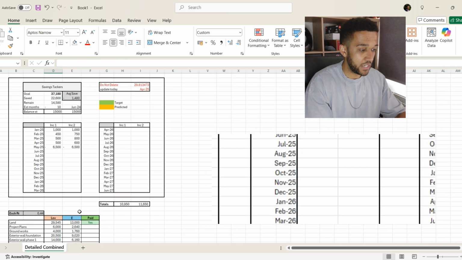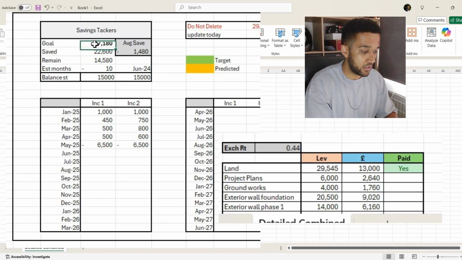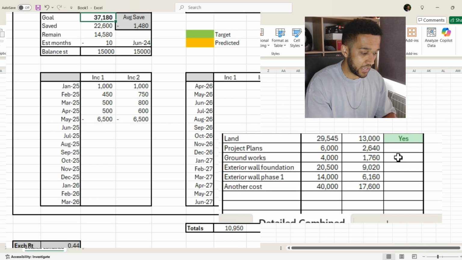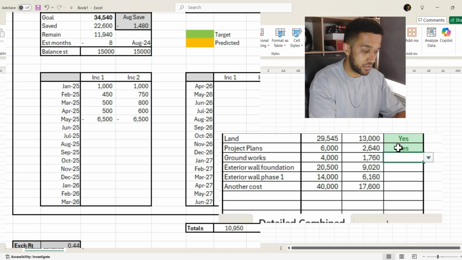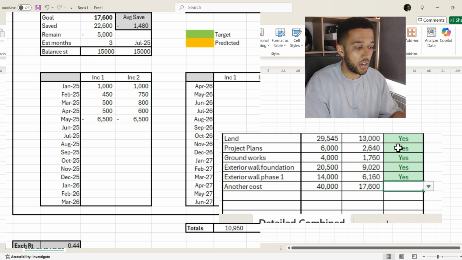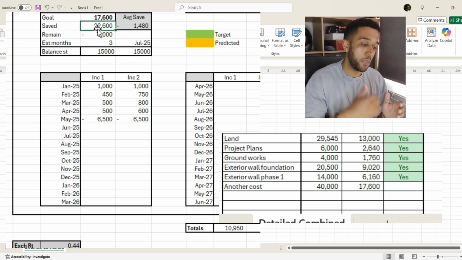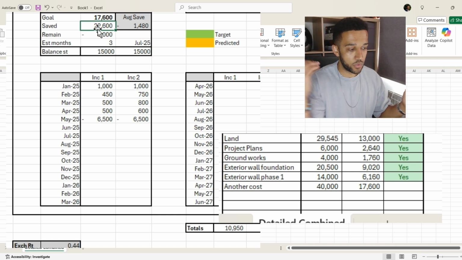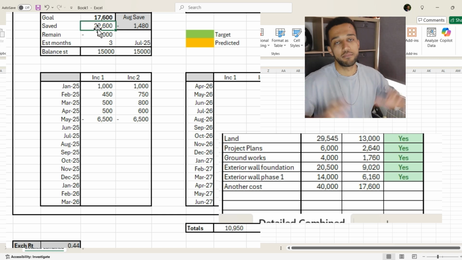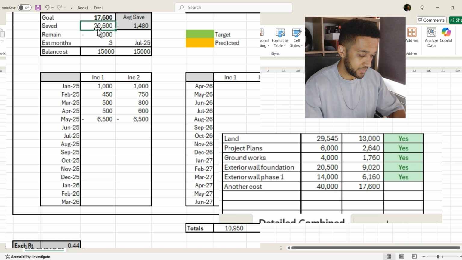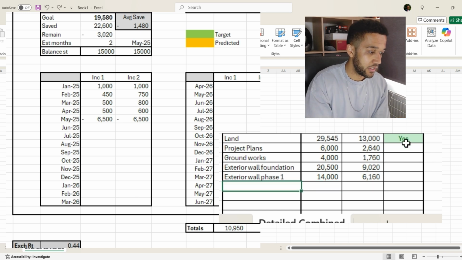That immediately goes in and you can see here that we've only got 22k and we need the 37. However, if some of these were then put to yes, yes, yes, yes. Oh, okay, actually cool. We can afford it, so we can say, yeah, go ahead and do that. We've got the money. Here's the cash. You see the point. Let's get rid of that though, because that's just nonsense.